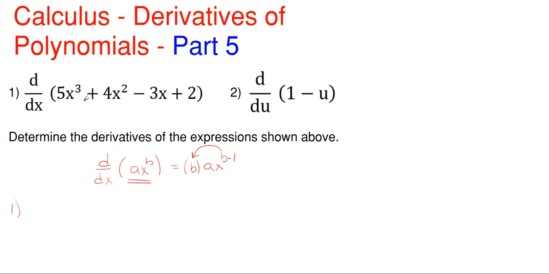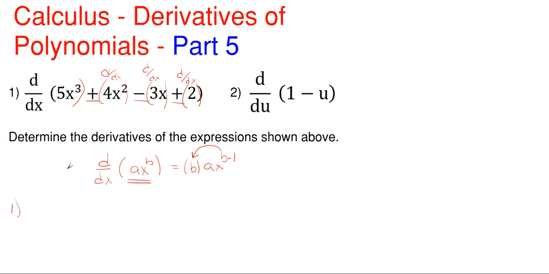Whenever you have expressions that are broken up by plus, minus, anything like that, what you are essentially saying is I'm going to take the derivative of this first part, and then plus it with the derivative of the second one, and then subtract off the derivative of the third one, and then plus with the derivative of the last one. So anytime you have the pluses and minuses in there, you can piecemeal it out into separate parts.